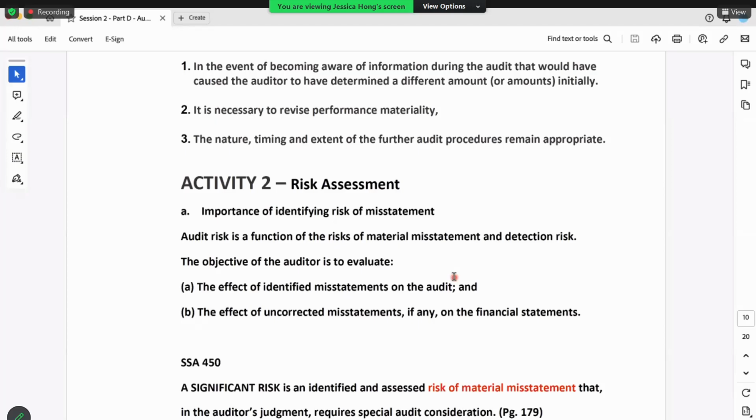risk of material misstatement. Now, in exam questions, this is a very popular question. And sometimes in the exam, there could be 2 case studies. And in this final stage of the audit professional exam, most of the questions test how you apply and how you respond.